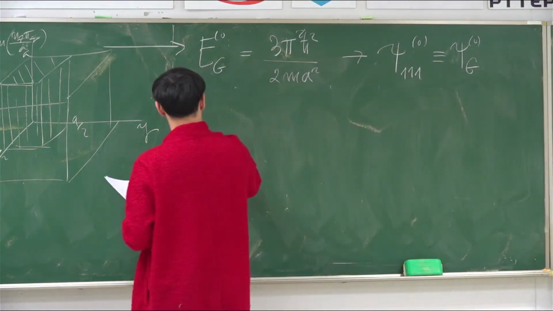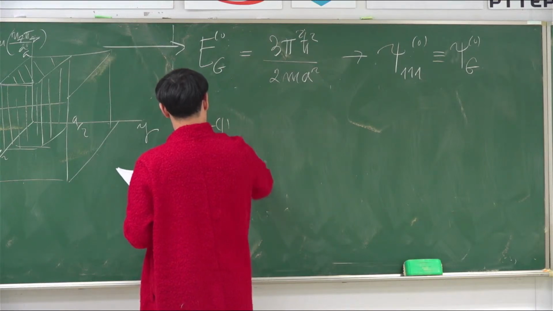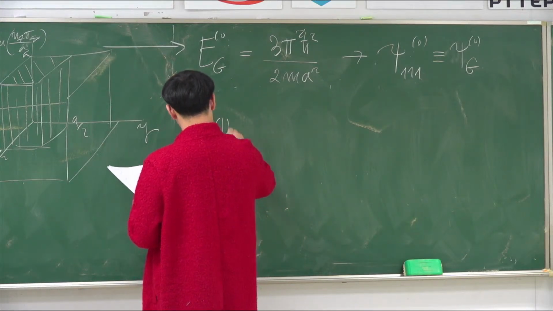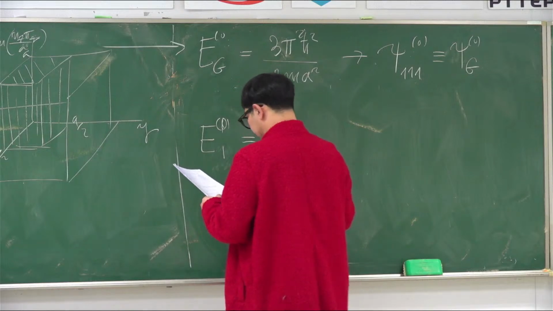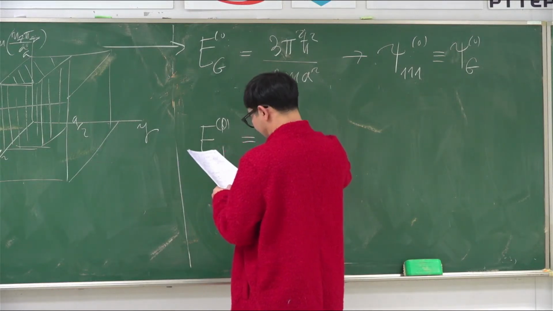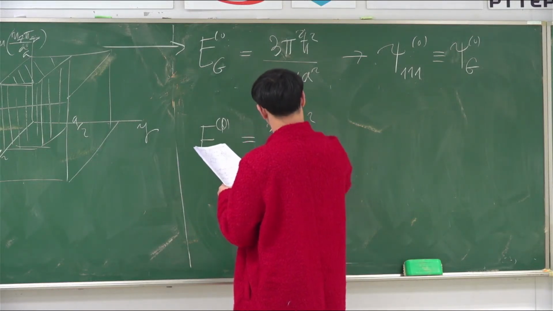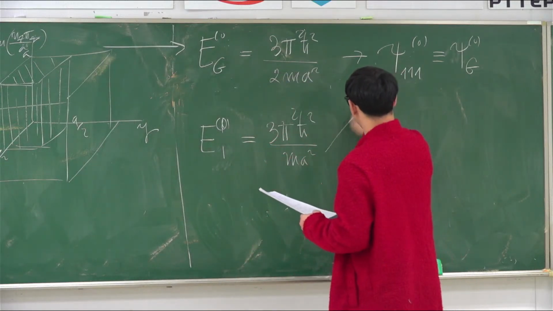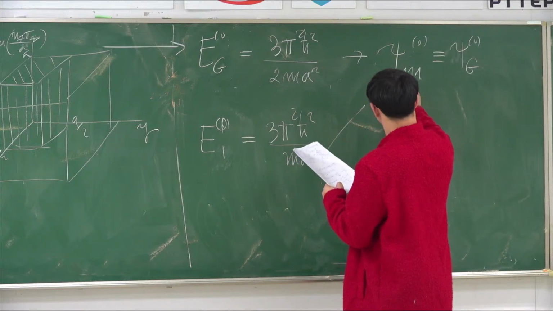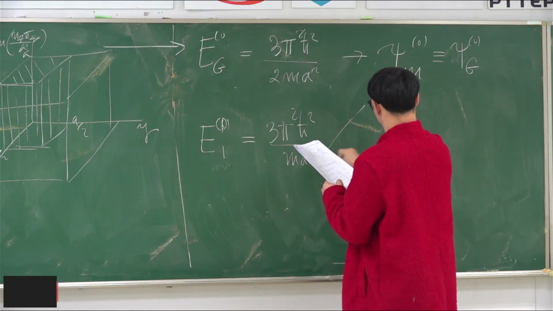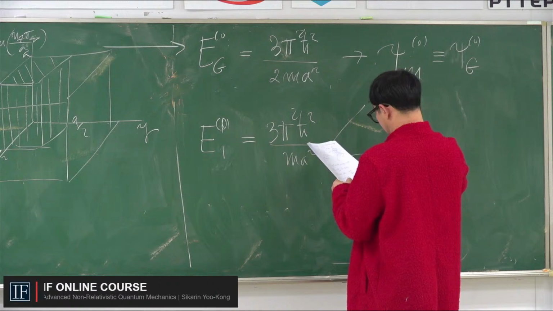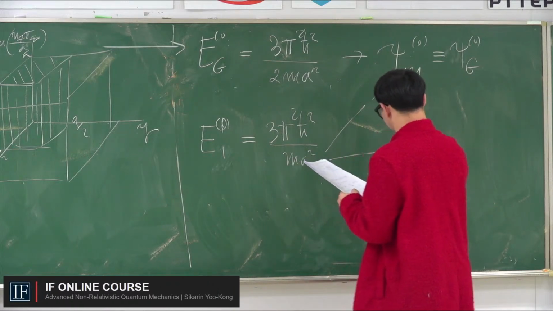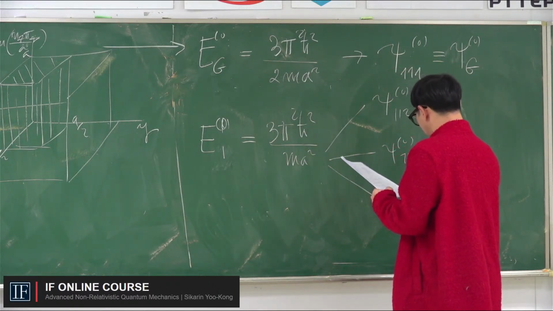And if you look at the first excited state, you will get the states coming from this one: 1, 1, 2, 1, 2, 1, 2, 1, 1.